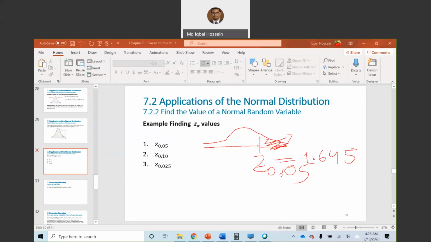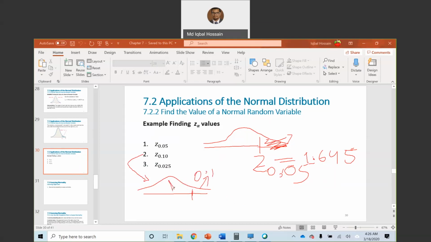You also can calculate z 0.1 using the same approach. To find that value, we know this area would be 0.1.